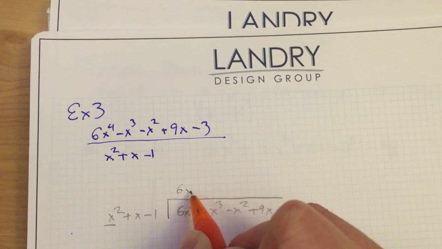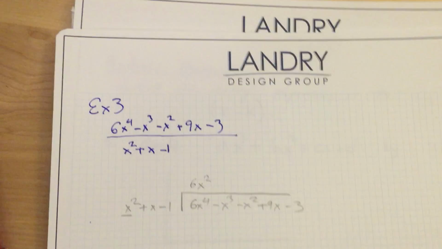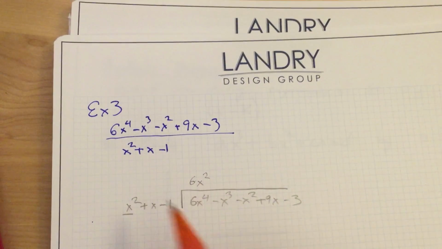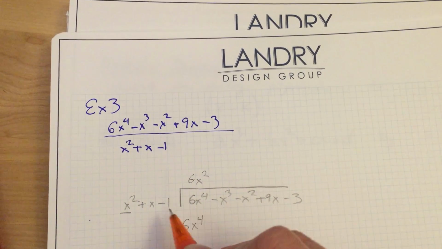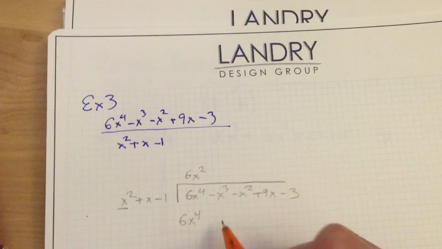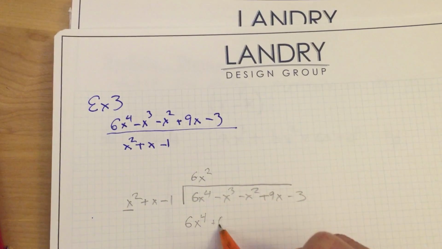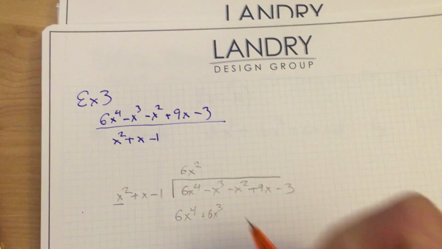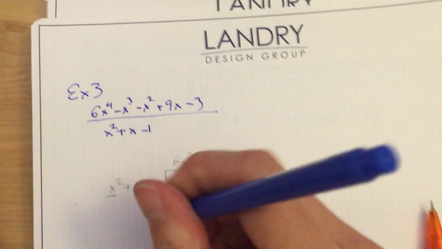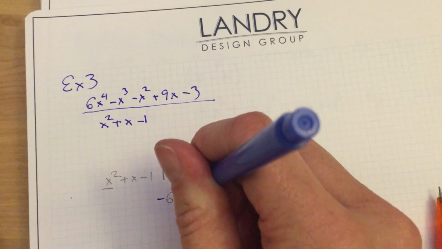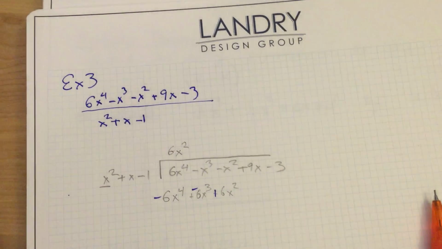So that'll be a 6, and then exponent rules would be x squared. So multiply these together, so this becomes 6x to the power 4, and x times x squared, so this will be a positive 6x cubed, and then a minus 6x squared. That will turn negative, that will also turn negative, but that one will turn positive.